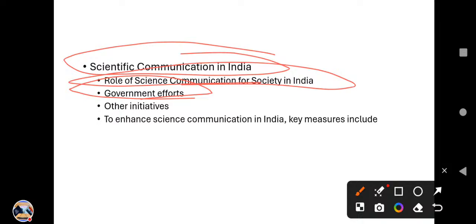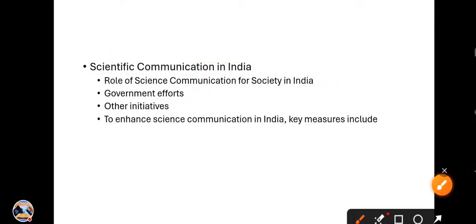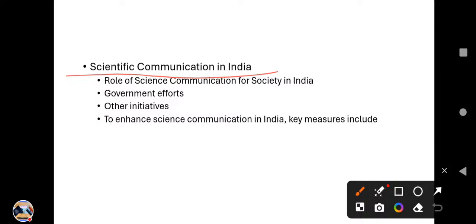The Birla Industrial and Technological Museum was also established in 1959 with a focus on defining India's scientific heritage and promoting science education. So you should definitely remember this chronological order if a question is asked about scientific communication in India.